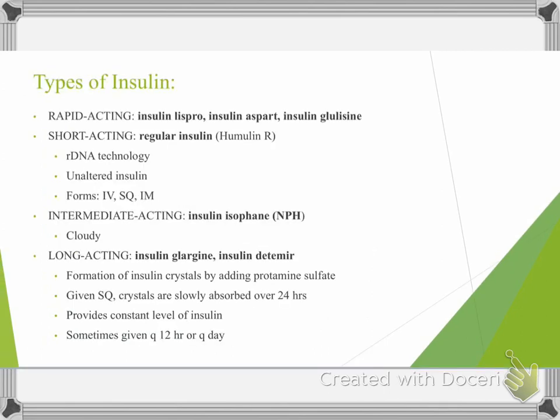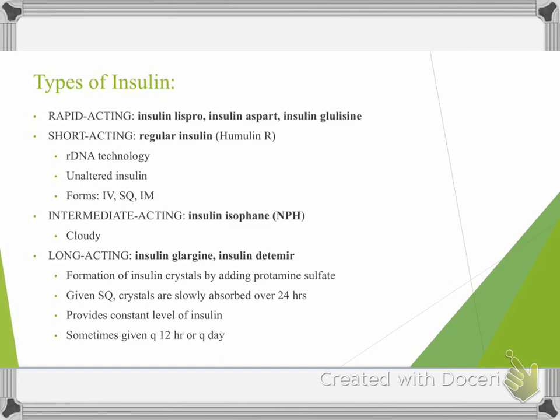So there are a few types of insulin, 4 actually. You have the rapid acting, short acting. Short acting is regular insulin, and this is created by recombinant DNA technology, which means that we inject the human insulin gene into a DNA structure of E. coli, and basically E. coli will produce a recombinant form of human insulin.